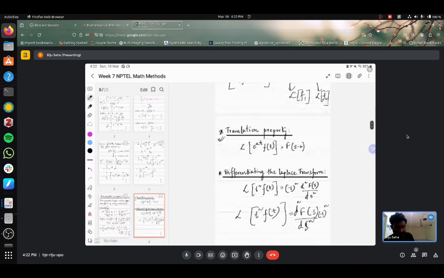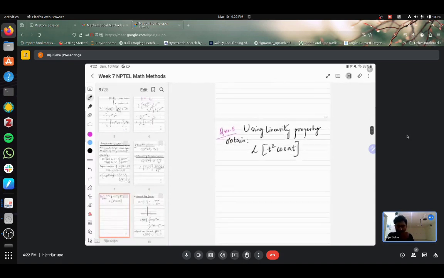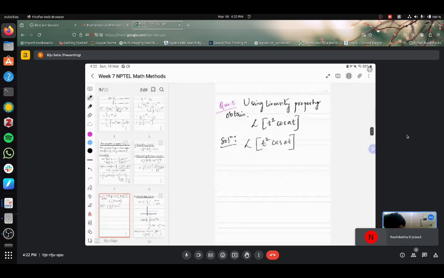Let's discuss a problem based upon those properties. So this is the problem I have. I have to find the Laplace transform of t square cos at.